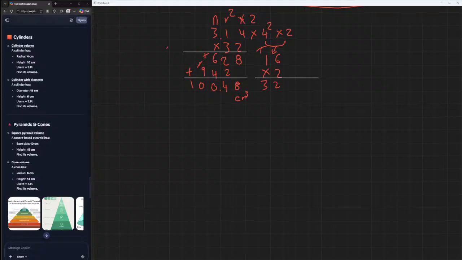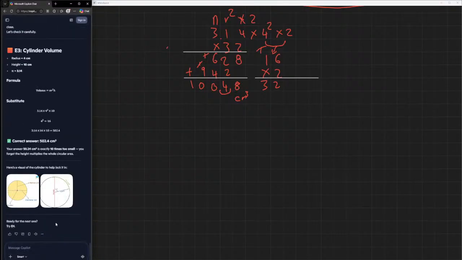Wait a second. It's not finished, right? Because now we need to do also the 10 for the height. So is it 1004.8? Let's see.